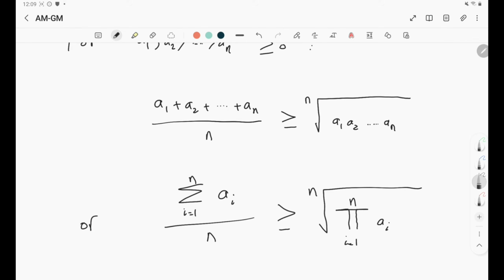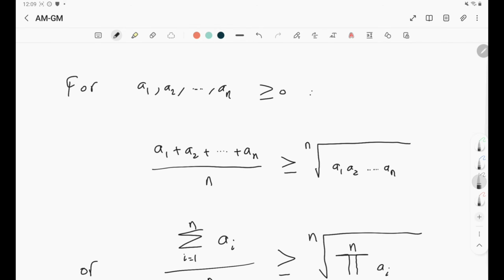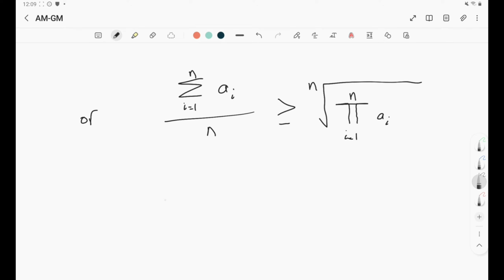Okay, so of course, some notes here. The numbers must be non-negative because of the roots. You need to keep that in mind. In general, when you apply AMGM, the numbers should be non-negative because in some situations, let's say you're applying it for 3 numbers, you're saying this.